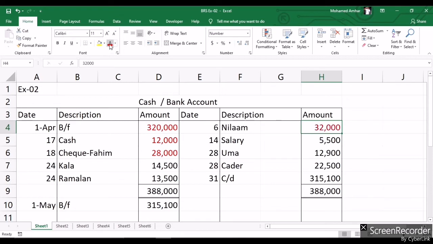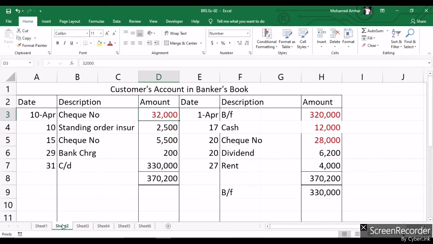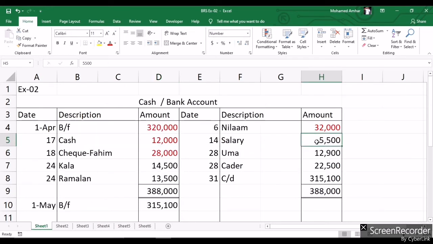Okay, right. Then salary, for salary 5,500 issued, credited, and check whether here debited or not. Yes, debited. Okay, so you can tick this and tick with this 5,500.